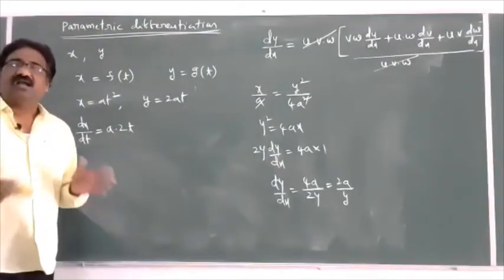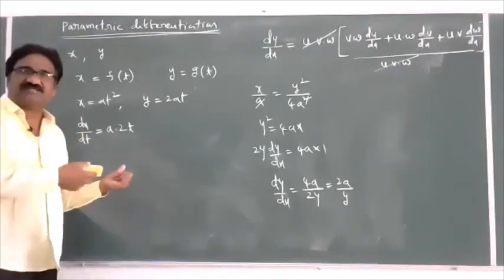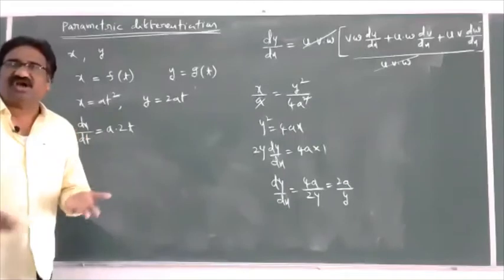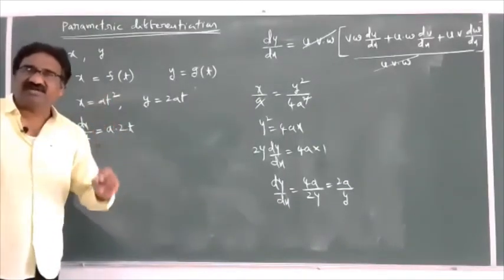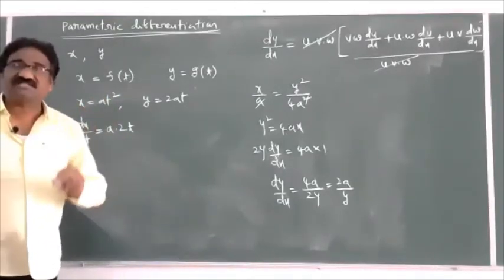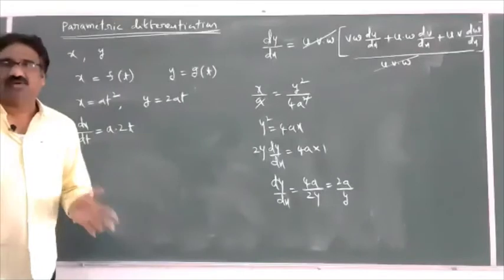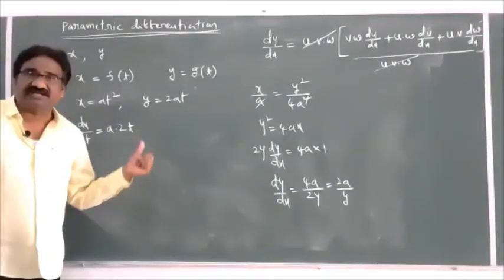That's why all formulas in terms of x are applicable here with respect to t. In terms of t also, the same formulas are applicable. That is, what is the derivative of cos x minus sin x? What is the derivative of cos t minus sin t? Don't confuse. Here we are doing the derivative with respect to t.